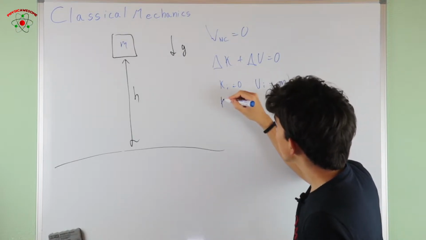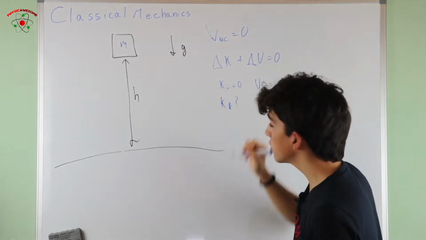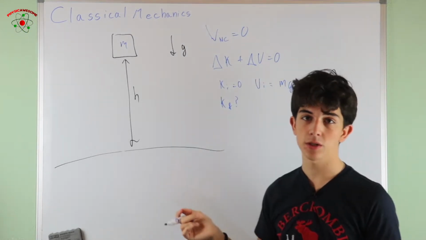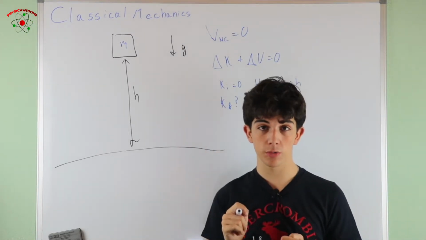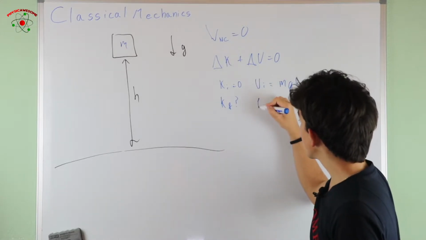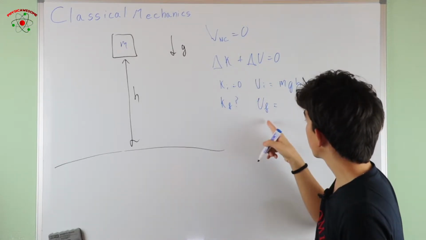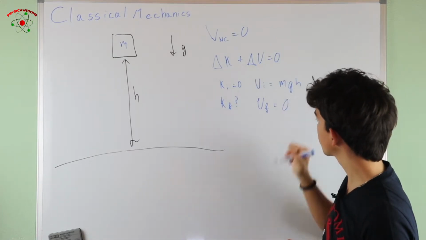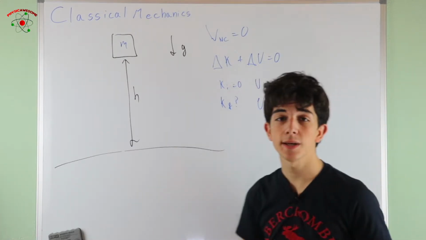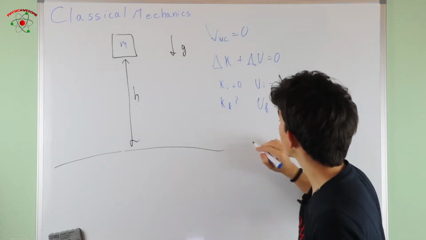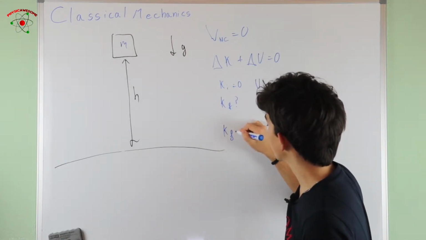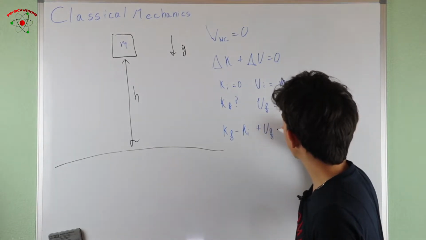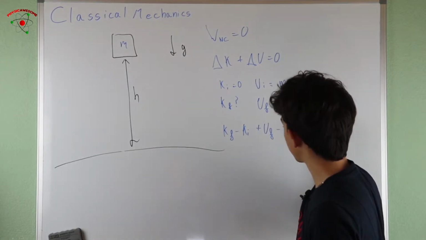We know that the final kinetic energy is the unknown we are trying to find. It's expressed in terms of the velocity, so we don't really know it yet. And the final potential energy is going to be 0. Therefore, substituting all of this in here, we find that K final minus K initial plus U final minus U initial equals 0.